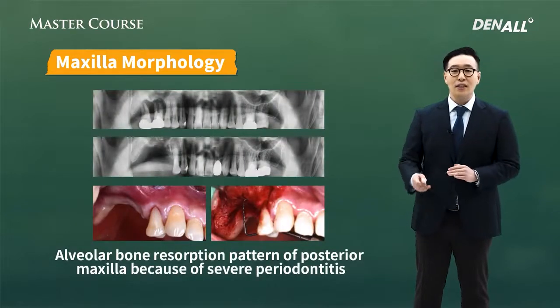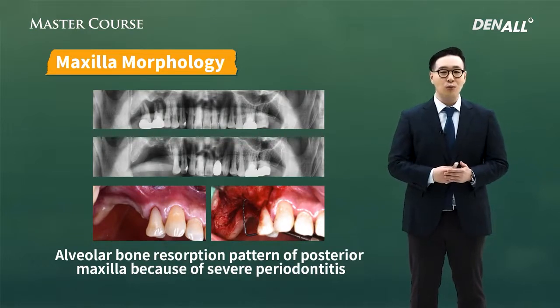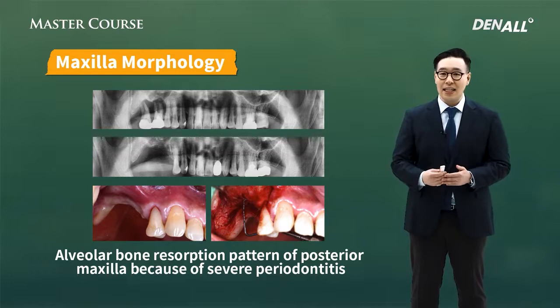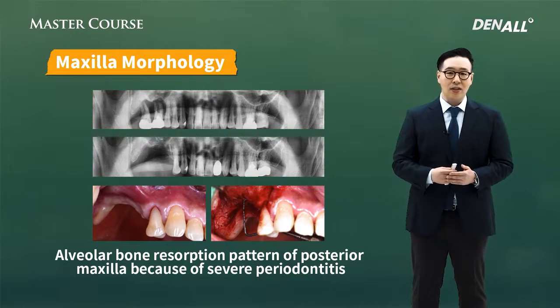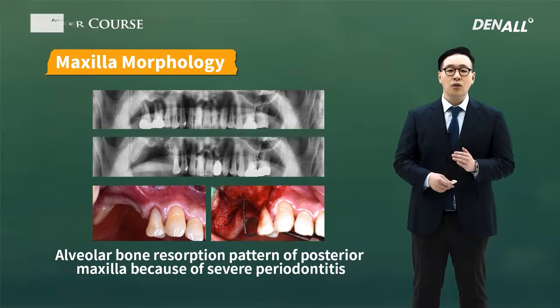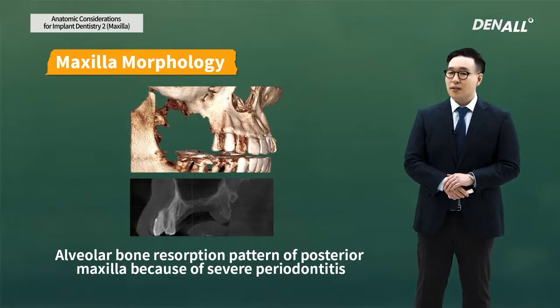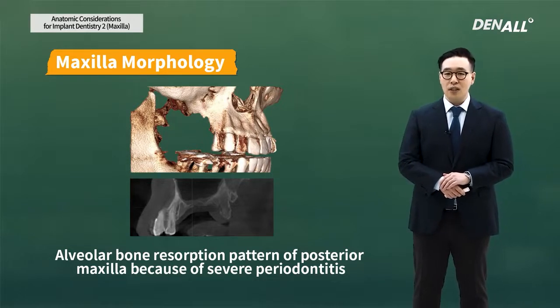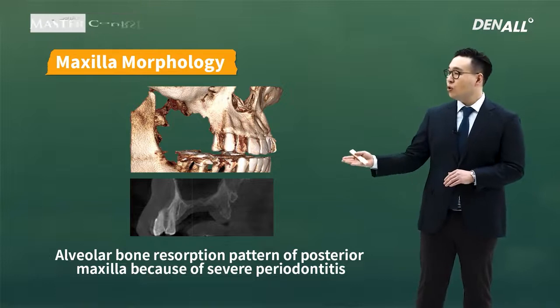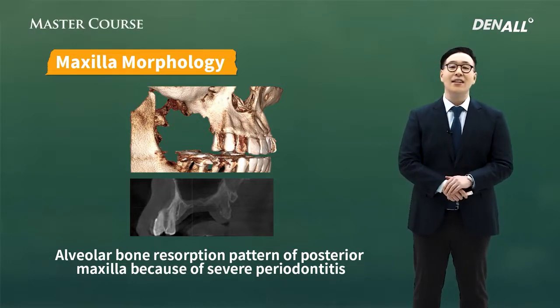Because of periodontitis or implantitis resulting in bone resorption, you need to understand this, and before extraction you need to explain this fully to the patient, and you need to have an accurate diagnosis. So this type of case would require sinus as well as vertical bone grafting, and this will be covered in other lectures.